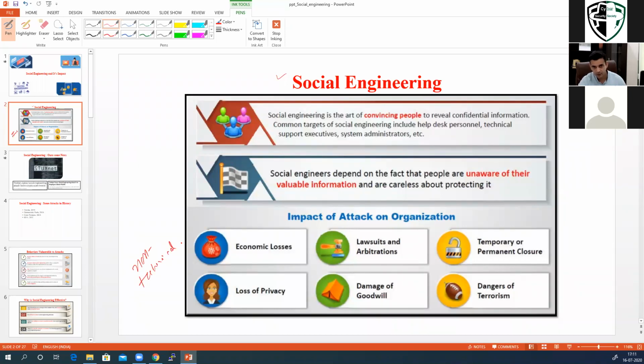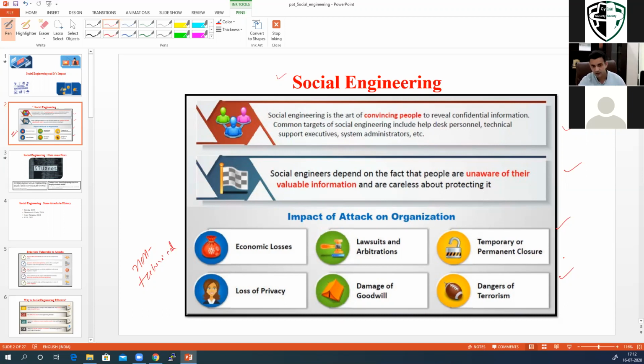People will convince you to steal your information, your credentials, or any other kind of premises information or network information. How this happens, we will go into one by one. Some of the things are on the slide, so you can relate to what I am saying. It may be a physical one-to-one interaction with the target, or convincing the target on any platform.